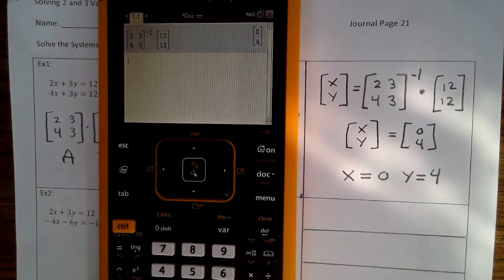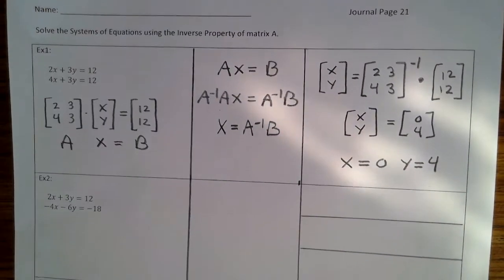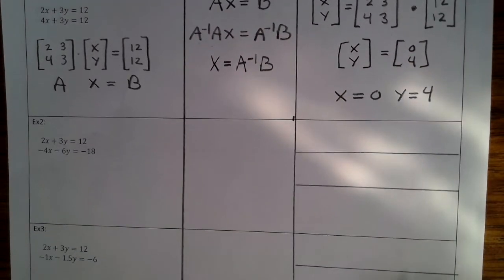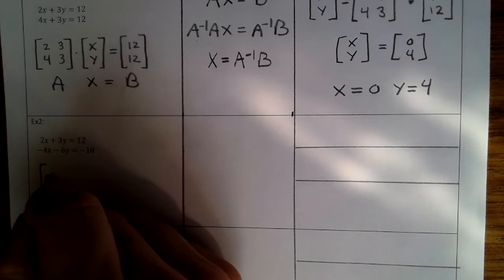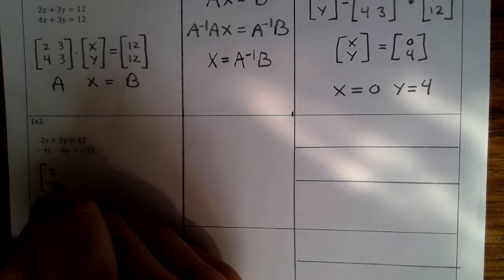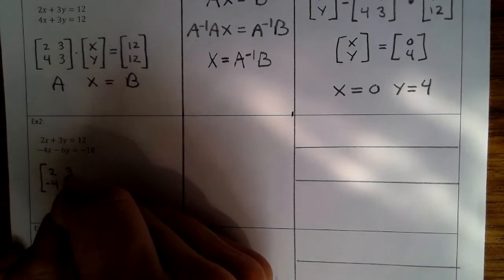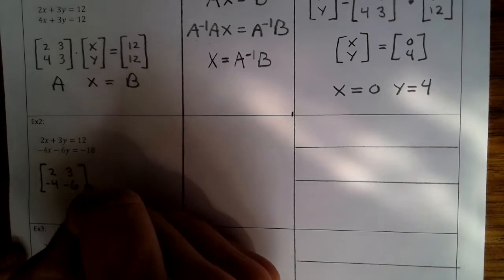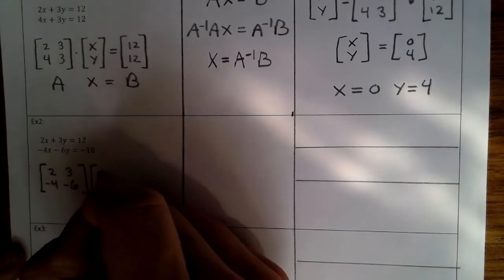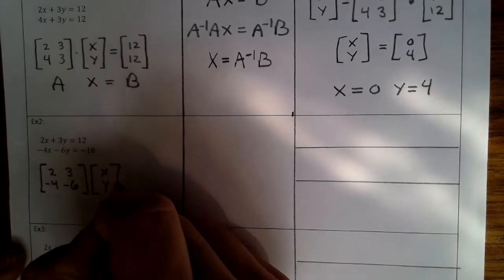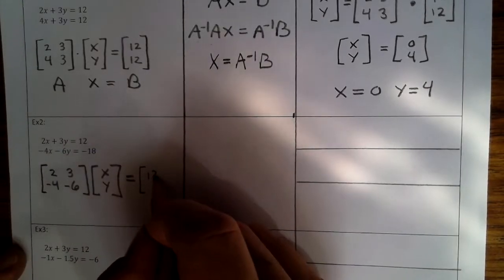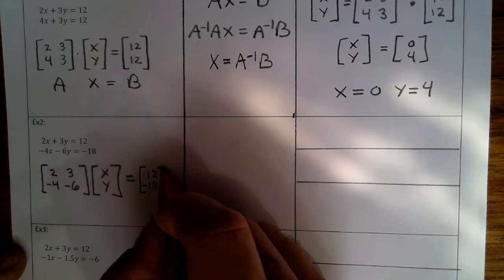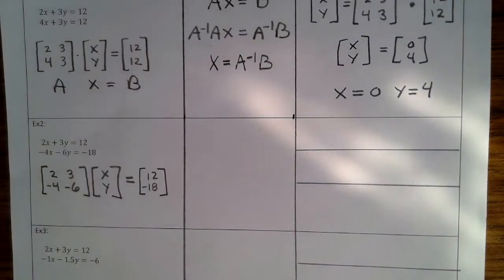Okay. All right, let's take a look at example 2. Again, we're going to rewrite this as AX equals B. So the matrix 2, negative 4, 3, negative 6, times X, Y, equals 12, negative 18.